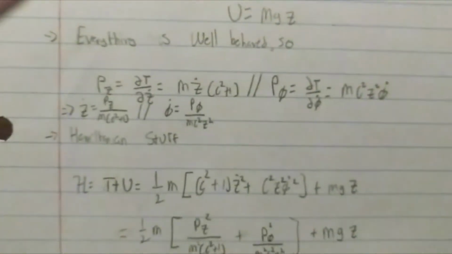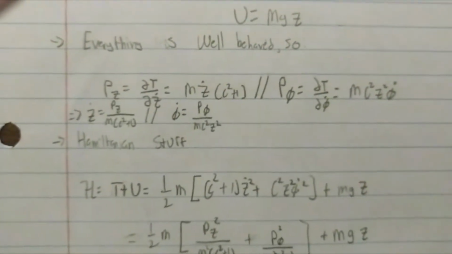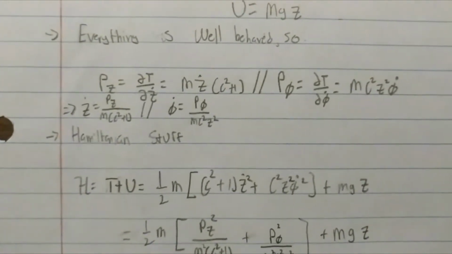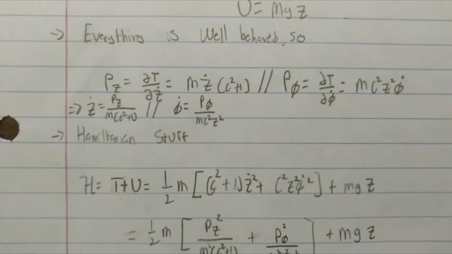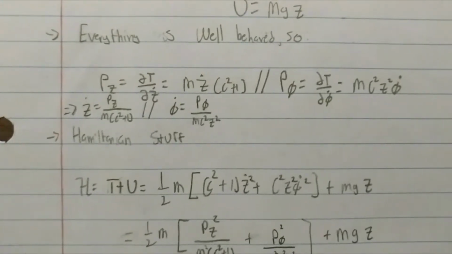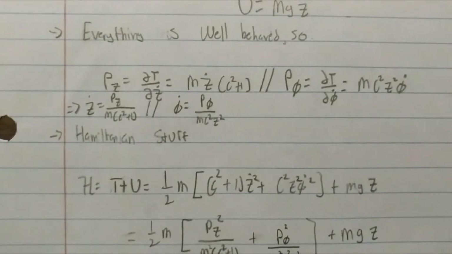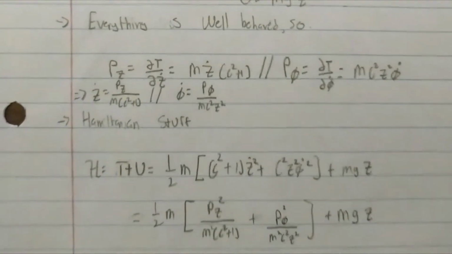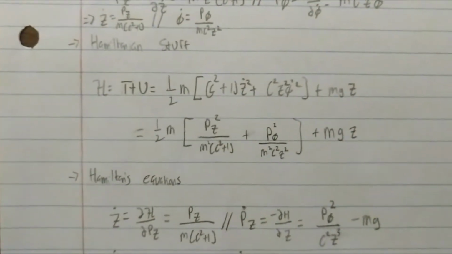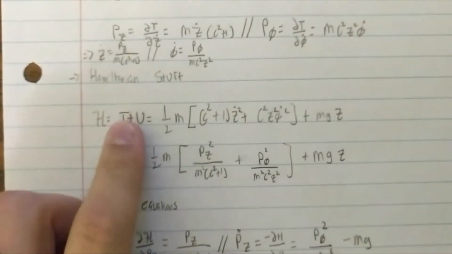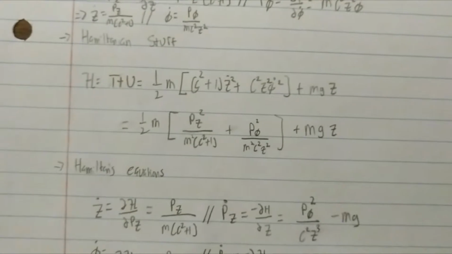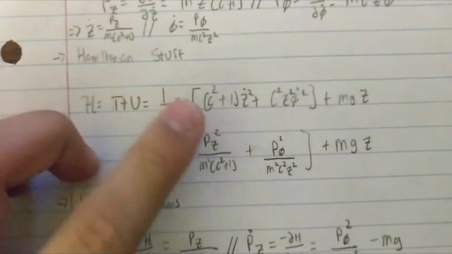And then you write your generalized velocities in terms of your momenta. So the first equation gives you z dot equals pz over m times (c squared plus 1). Phi dot is equal to p phi divided by m c squared z squared. Then your next step is you write this value, T plus U, kinetic energy plus potential energy, in terms of your p's and your q's.